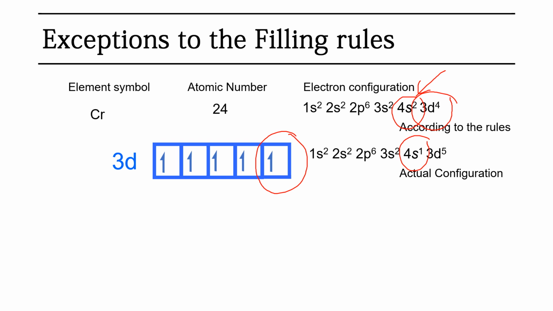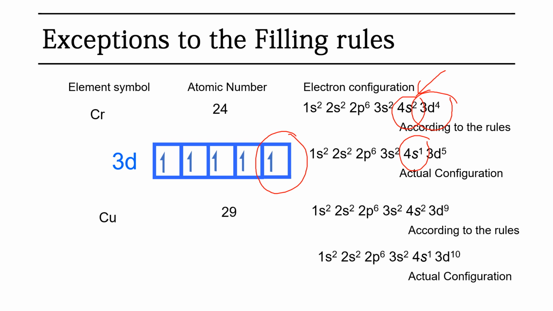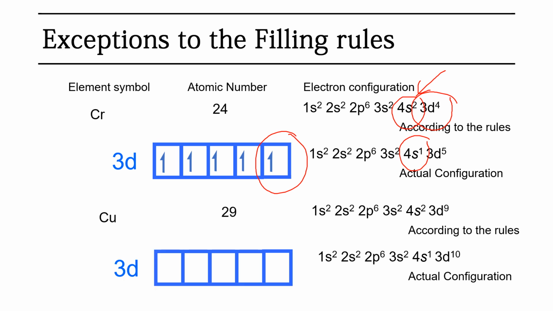It does not obey the filling rules perfectly. Similarly, copper also has this kind of thing. When we consider the 3d orbitals, it is the d9 configuration. With 9 electrons in the d orbitals, 1 electron remains to fulfill the 3d orbitals. So that is not a stable form.